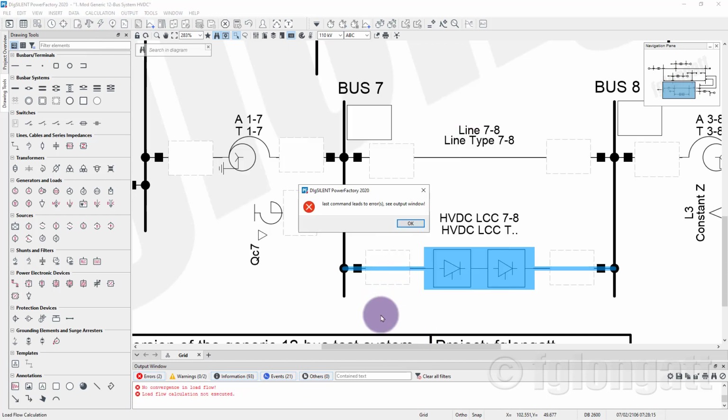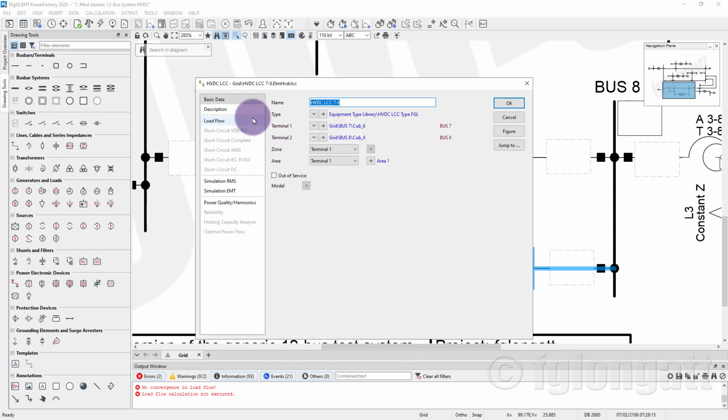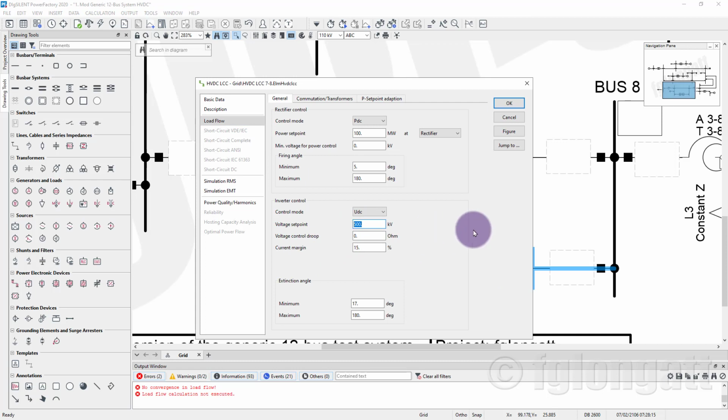Bam. Right now you get an error because the load flow cannot be solved. And what you need to understand is that we cannot put any value on the voltage set point. Those values must be properly defined in order to avoid non-convergence of the load flow.